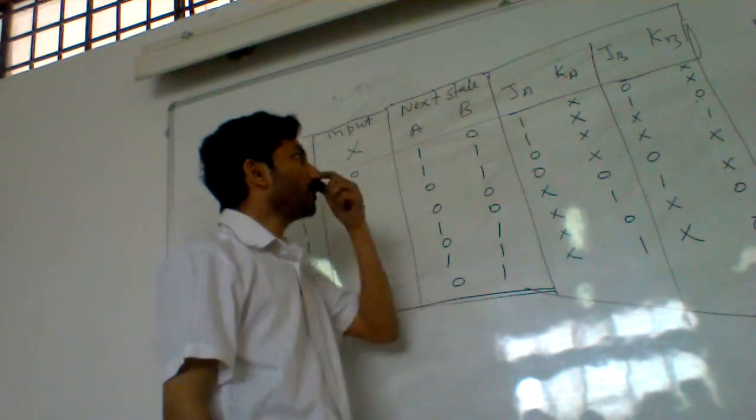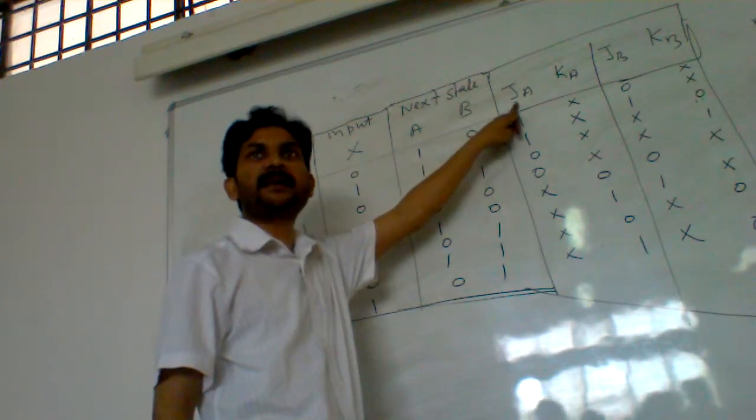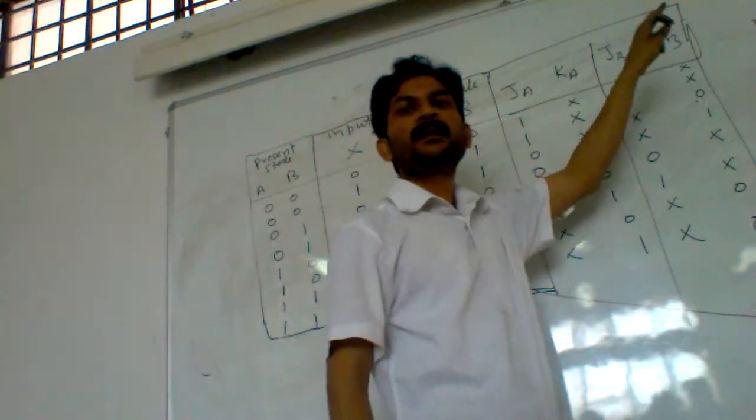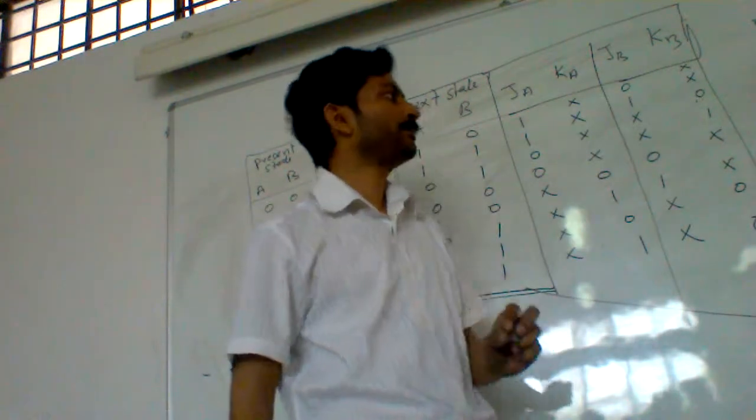Next step, find the equations of JA, KA, JB, KB using K-maps.